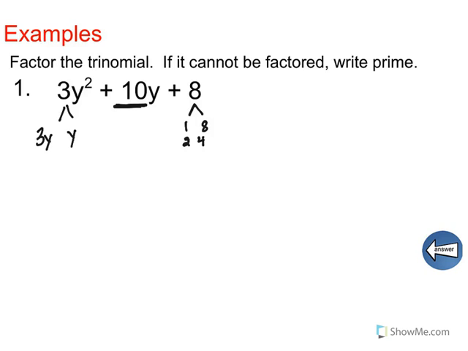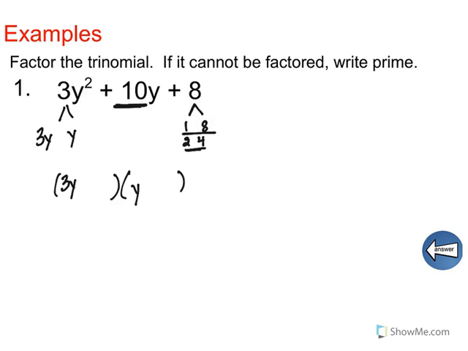So then I'm going to guess and check. In the guess and check, I set up my two binomials. The first term that got factored, the 3y squared, those factors are going to be the first terms in each of my binomials. And then I have some options. I could put 1 and 8 as the second terms. I could put 2 and 4 as the second terms.